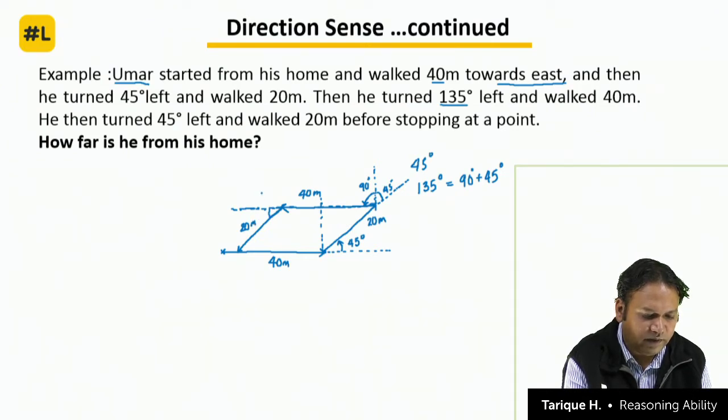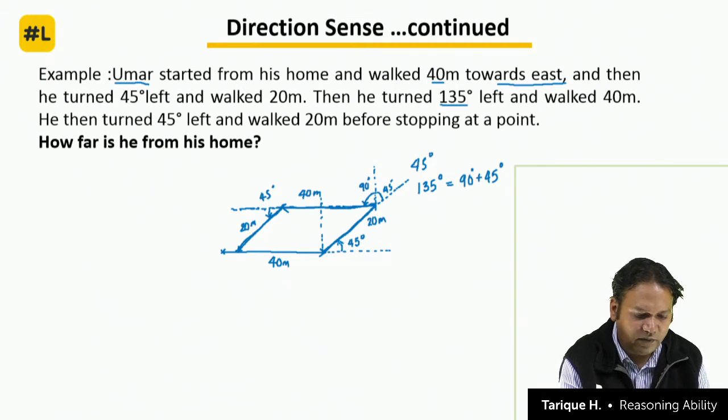So this is 45 degrees left. This is 40 meters. This is 20 meters. This is also 20 meters. Right. This angle is 45 degrees. This is 45 degrees. This also will be 45 degrees.